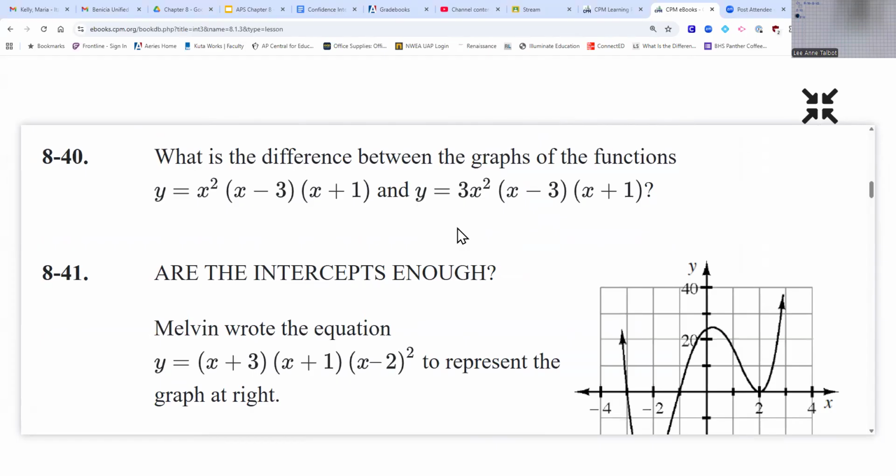Number 40, what is the difference between the graphs of the function y equals x squared, x minus 3, x plus 1, and y equals 3x squared, x minus 3, x plus 1? What's the diff? That's really kind of silly.